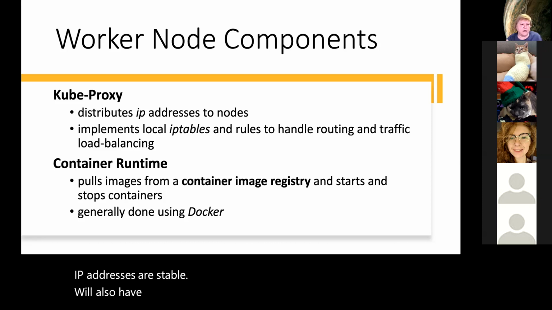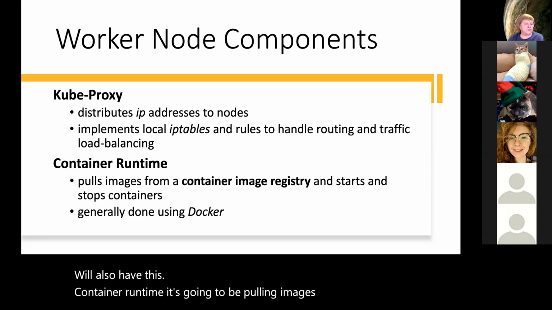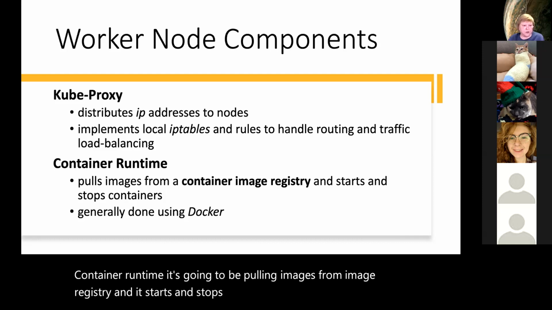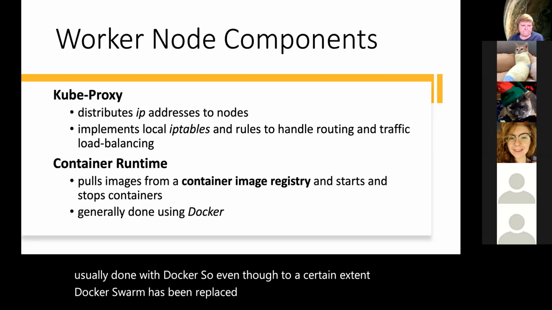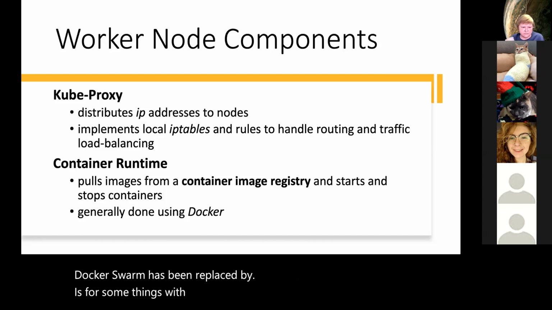You'll also have this container runtime. It's going to be pulling images from an image registry, and it starts and stops the containers. This is usually done with Docker. Even though, to a certain extent, Docker Swarm has been replaced for some things with Kubernetes, it's still dependent on Docker for the most part.